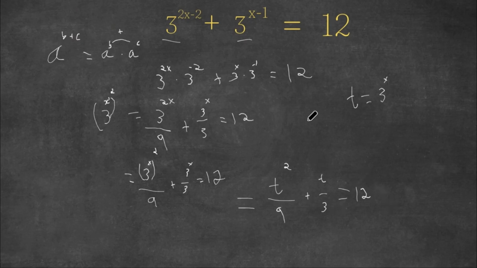Now, what we're going to do is we're going to multiply this whole thing by 9. So we're going to have these two would cancel out. So we have t squared plus t over 3 times 9 is 3t equals 12 times 9 is 108.